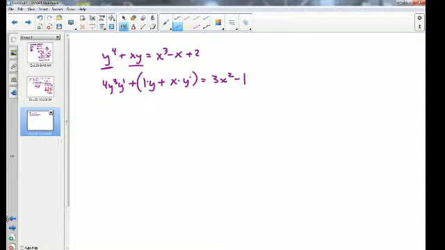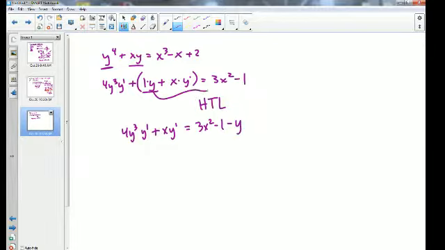Another question you could get: where is there a horizontal tangent line? This is where you have to solve again, solve for y prime. Okay, so I'm going to move y over here to isolate these terms. So all I've done is move that to this side.